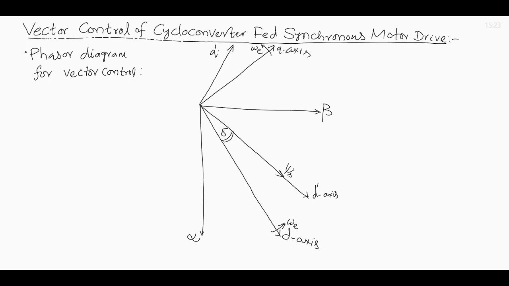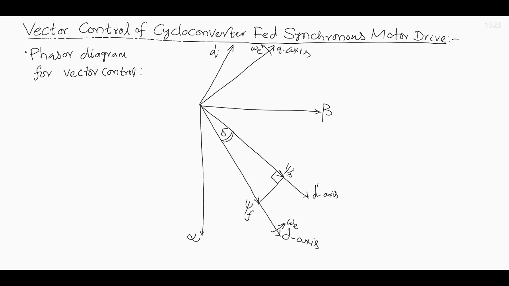Along the d dash axis we have the stator flux linkage psi s, and at right angle to it is the q dash axis. Along the d axis we have the field flux phasor psi f, which is the field flux MMF of constant magnitude rotating at synchronous speed, hence represented by a space phasor rotating at synchronous speed.